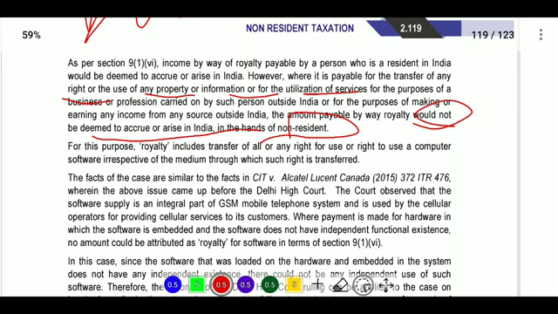Here royalty includes only the transfer of all or any rights for use or right to use computer software irrespective of the medium through which such right is transferred. Only the computer software will be treated.